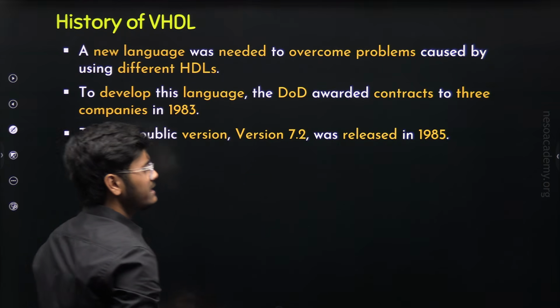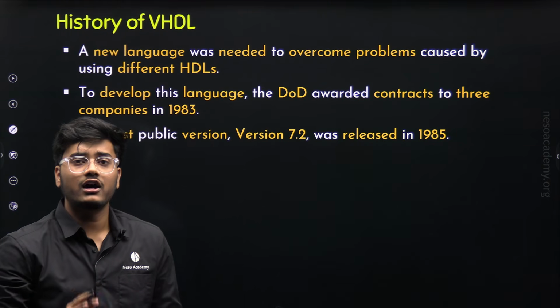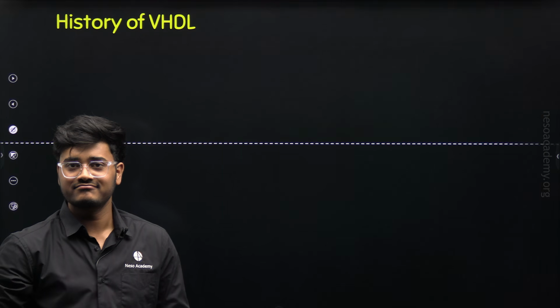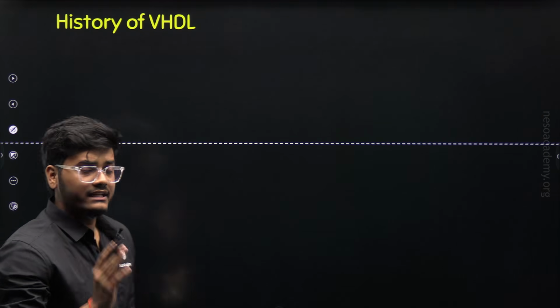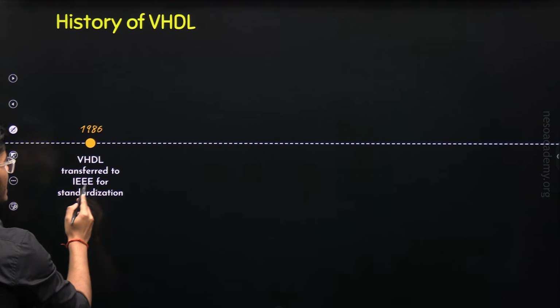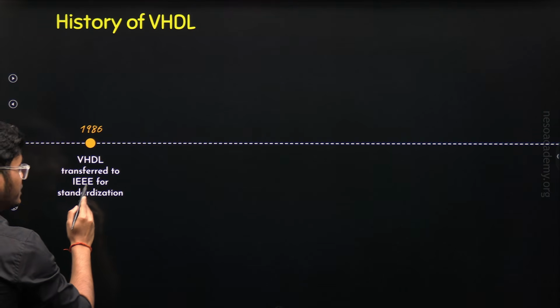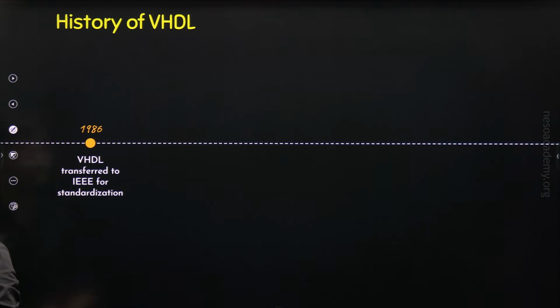After the initial release, it was clear that VHDL needed to be made a formal industry standard. For that, in the year 1986, VHDL was transferred to IEEE, the Institute of Electrical and Electronics Engineers, for standardization.